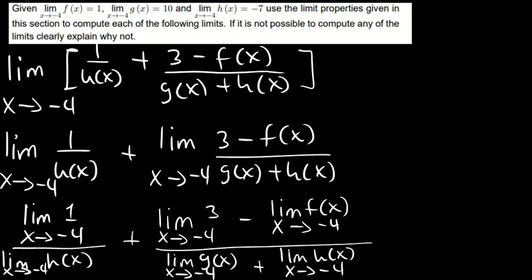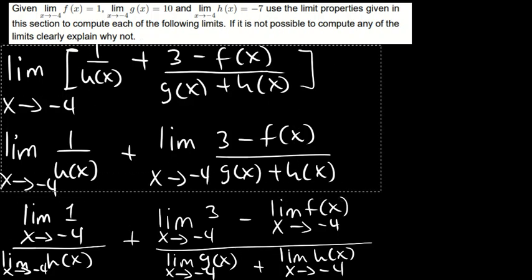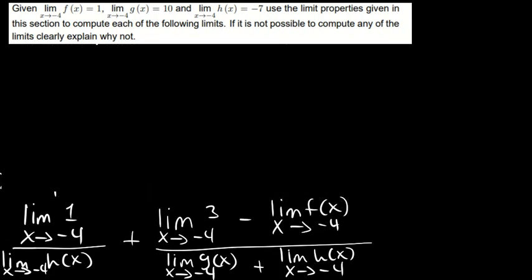So let's go ahead and look at that. We know that the limit of a constant will just be that constant. So in this case, for this part here, we are just going to have 1, because the limit of 1 as x approaches minus 4 will still be 1. This divided by the limit of h of x as x approaches minus 4, which will be minus 7.